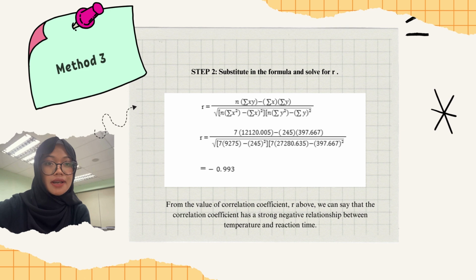Step 2 is to substitute the values from the table into the formula and solve for r, and we get that the value is negative 0.993. And we can conclude that the correlation coefficient shows a strong negative relationship between temperature and reaction time.